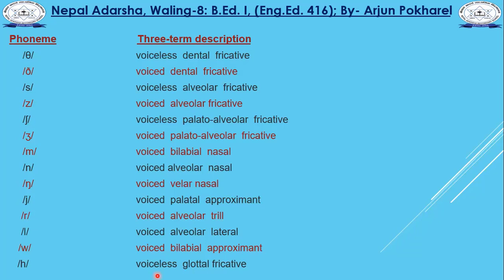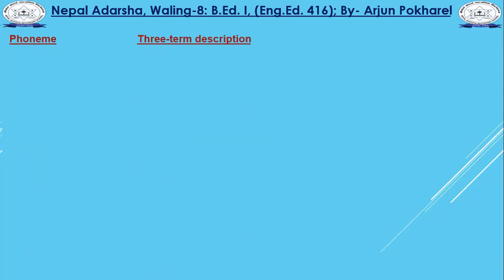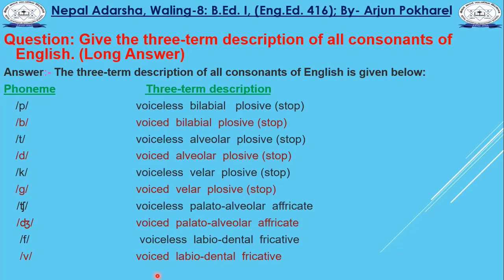Okay, in this way we'll do the description of consonants in detail. Okay, in the examination, you have to write the answer in this way. These are the ways of providing your answer. Now this is the question that I already told you: the three-term description of all consonants of English.